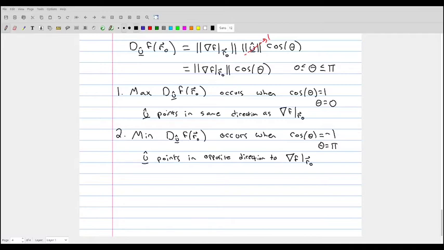So the minimum directional derivative occurs when you look in the opposite direction to the gradient vector. Or in the same way, you could say the negative of the gradient vector is when the function decreases most rapidly.